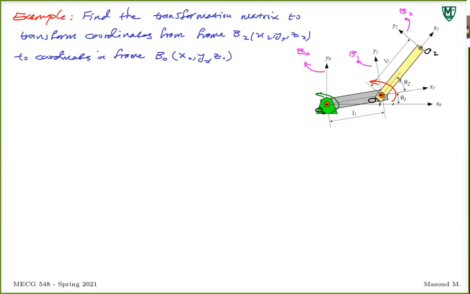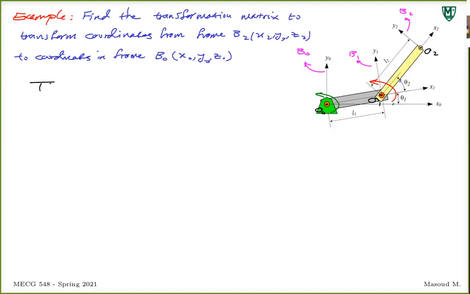Obviously, it's a homogeneous compound transformation matrix. Every transformation is homogeneous here. It's a compound transformation matrix, meaning that we have multiple frames, and we're going from B2 to B naught. So we have to do two transformations. Same story.